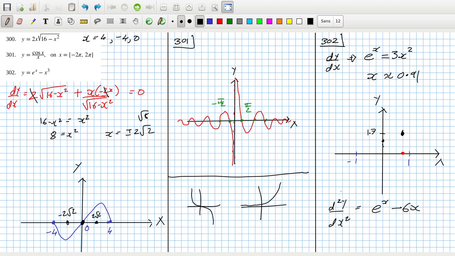But what about at... Okay. Something seems wrong here. 0.9 and 0.98. So it has a root here at minus 0.8. So okay, that's a root.